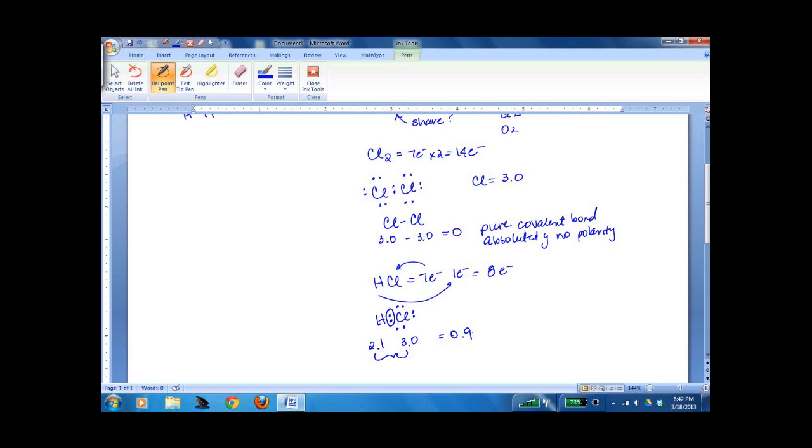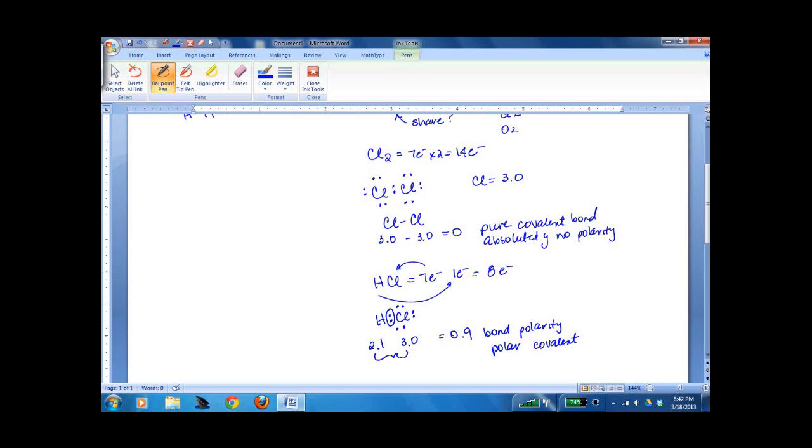We've calculated this bond polarity to be 0.9. This is in the range that we called polar covalent. So it's a sharing of these electrons, but it's not equally shared.